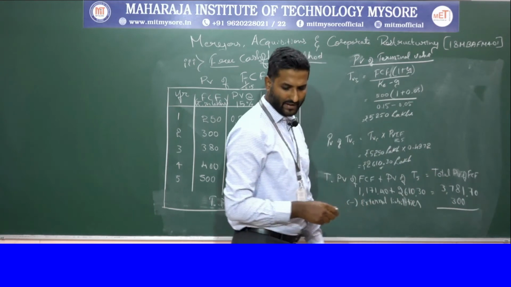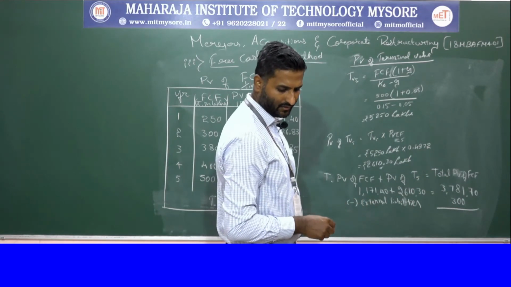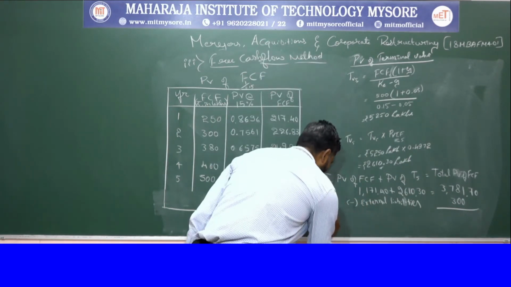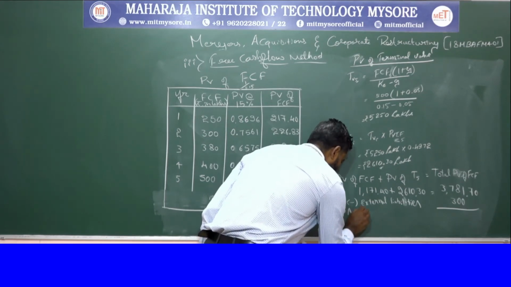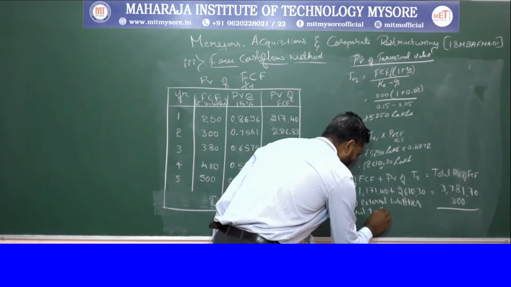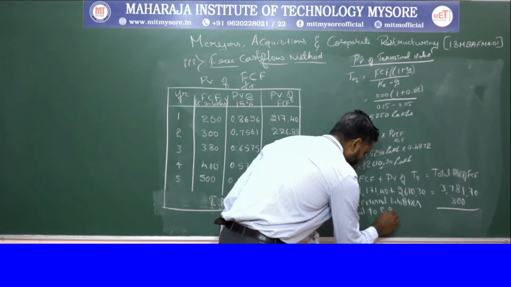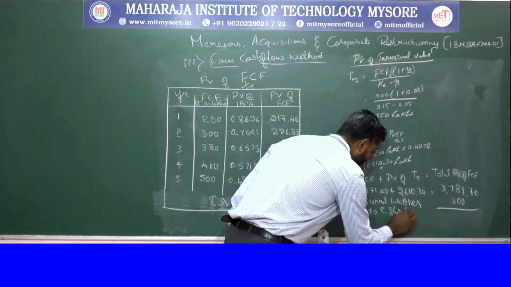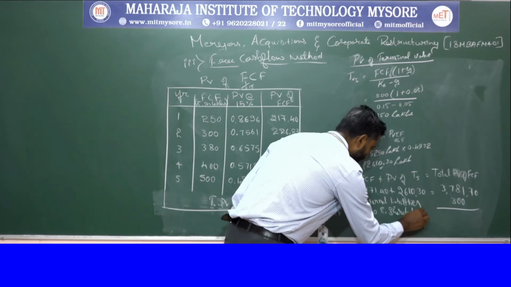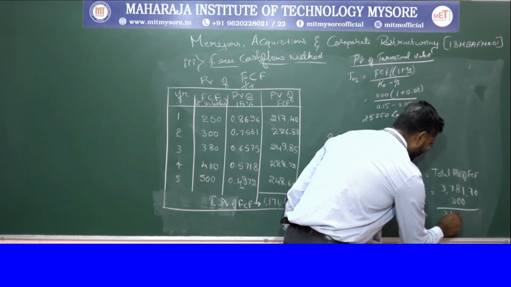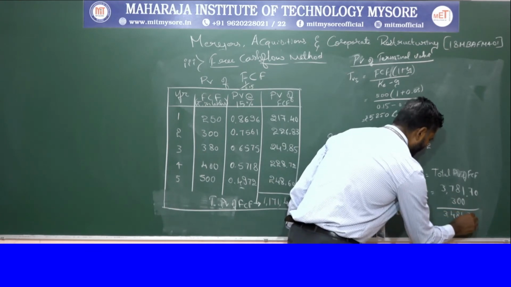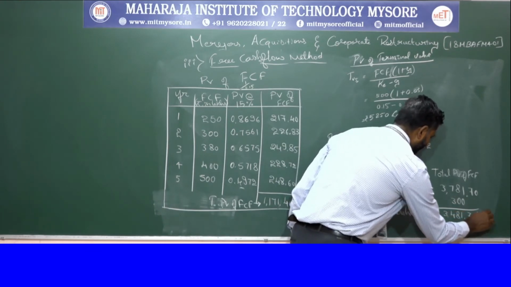So when we less that, we result with the FCF available to equity shareholders, which is 3481.70 lakhs.